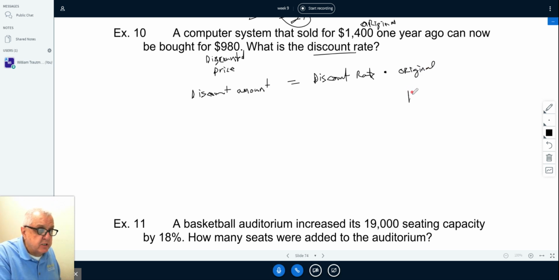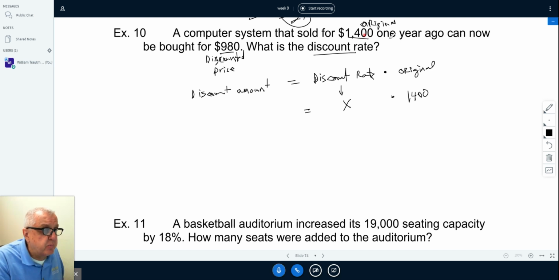Well, the original price was $1,400. We're looking for the discount rate. That's what we're looking for, X. And the discount amount. How much was the discount amount?